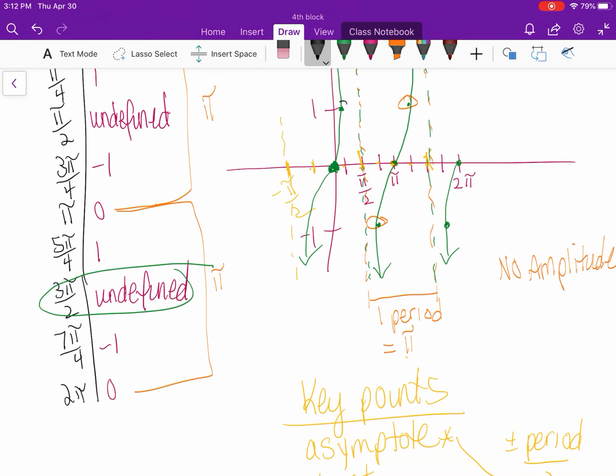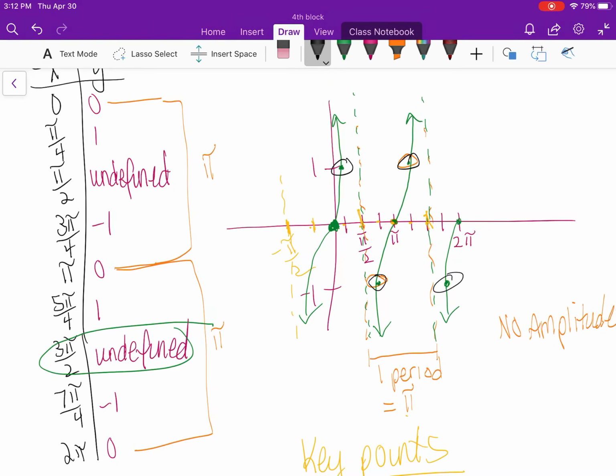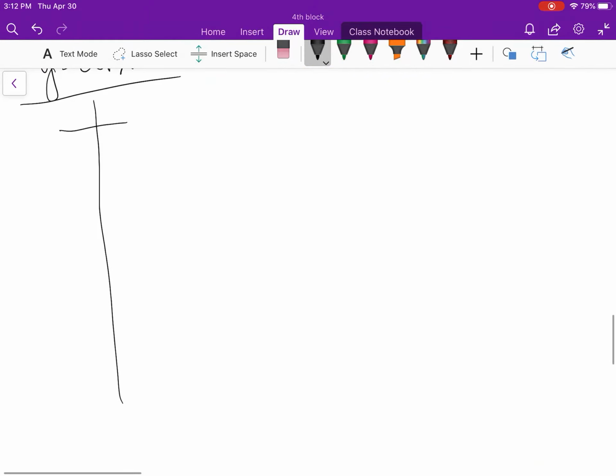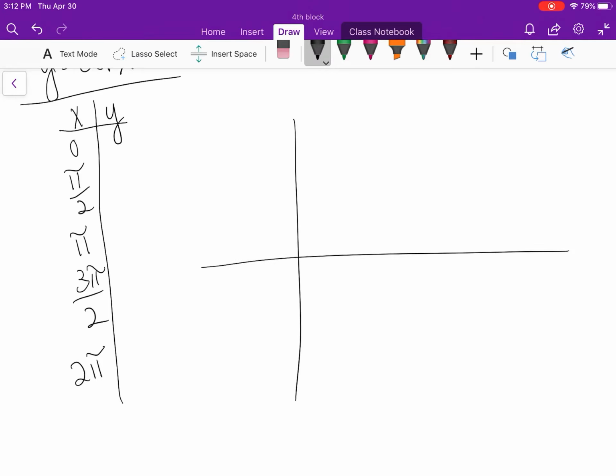So I'm not going to take into consideration the pi over 4s this time, because we know those just made these little insignificant points here. We know that that makes the shape of the curve, but our key points are what we want to focus on. So those all happened at the pi over 2 increments. So when I make my t-chart for cotangent, I'm going to take 0, pi over 2, pi, 3 pi over 2, and 2 pi.